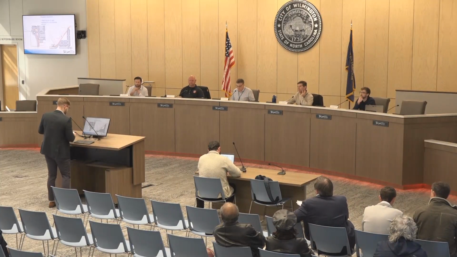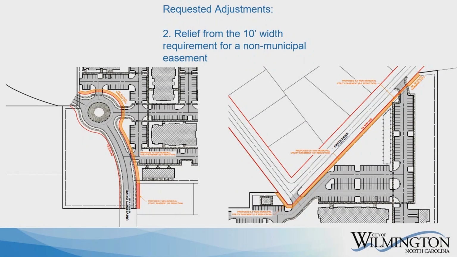If the applicant could come up and provide that discussion. Which one were you talking about specifically? Just the one at the entrance on University there? Yes, sir. It looks to me like anywhere where any elements of your site plan are encroaching into that non-municipal easement, that you're asking for a reduction. I certainly understand the portion that's not adjacent to your property. In my opinion, that's a bona fide site constraint.